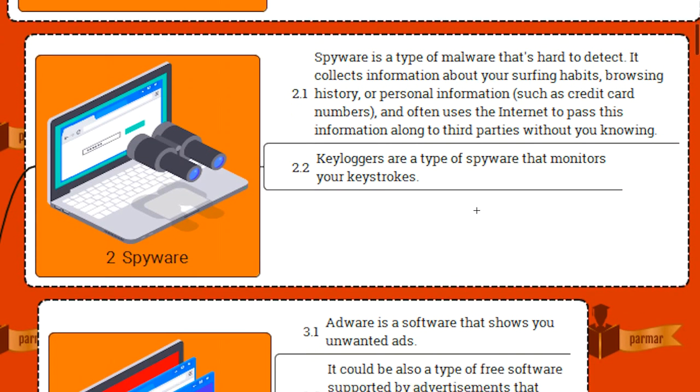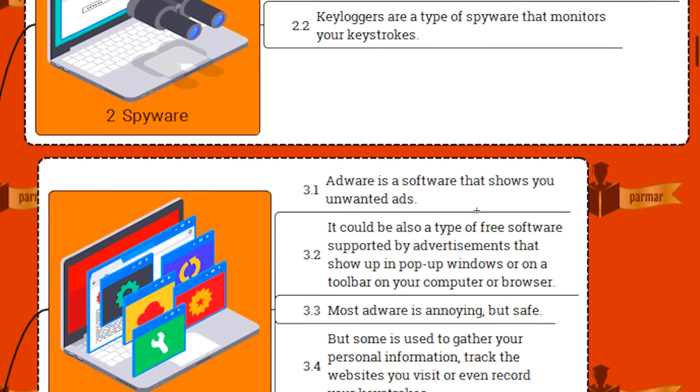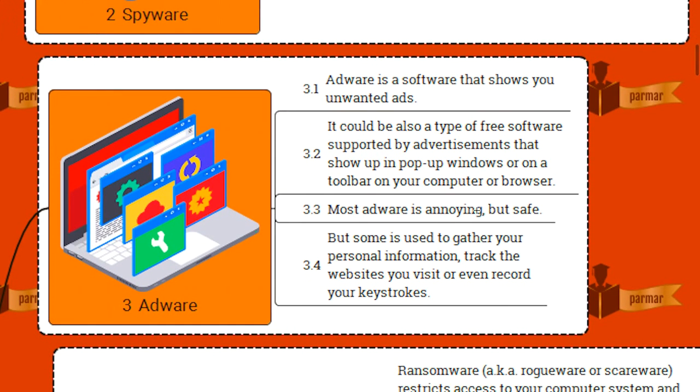Now, the next part which we are going to talk about is adware. As you can see, adware is software that, as the name suggests, pops up or gives a number of ads on your computer. Adware is a type of malware that bombards you with endless ads and pop-up windows that could potentially be dangerous for your device.